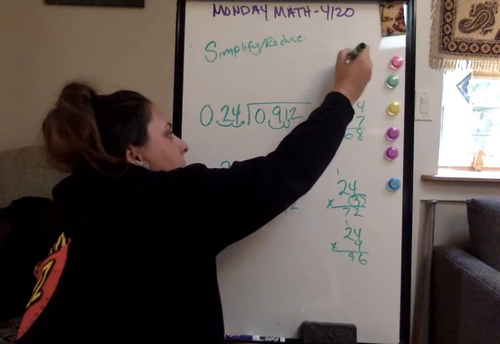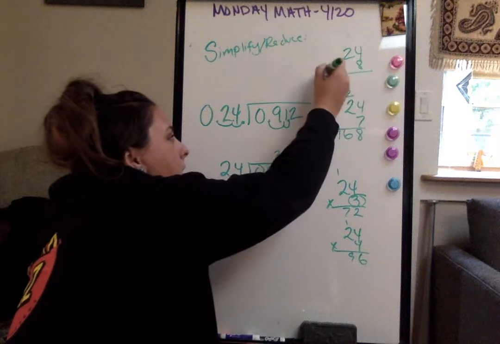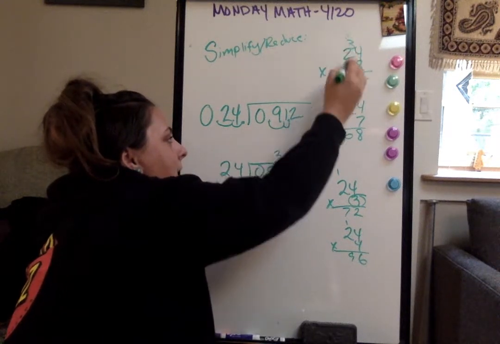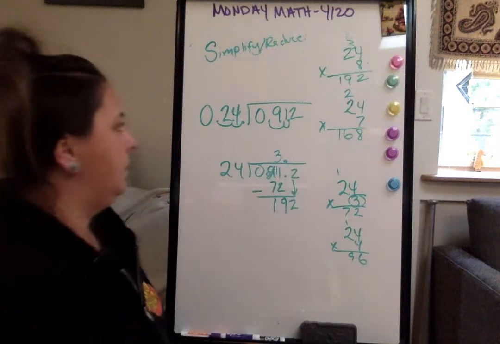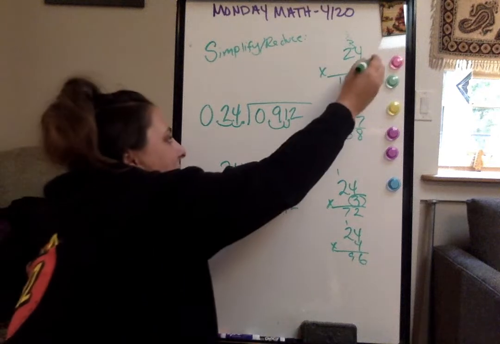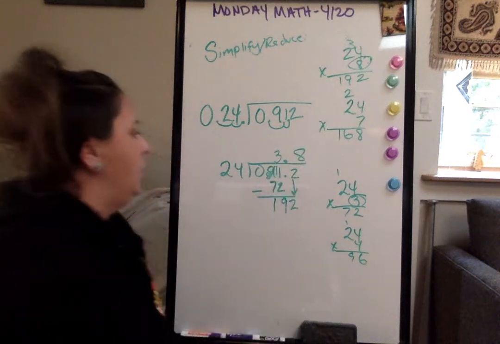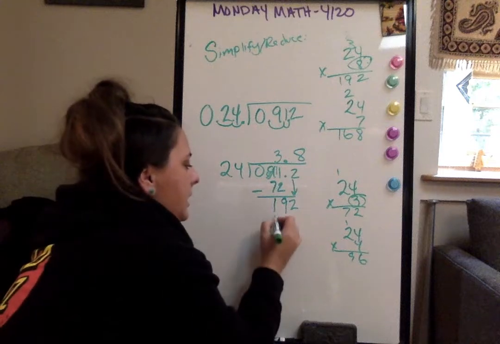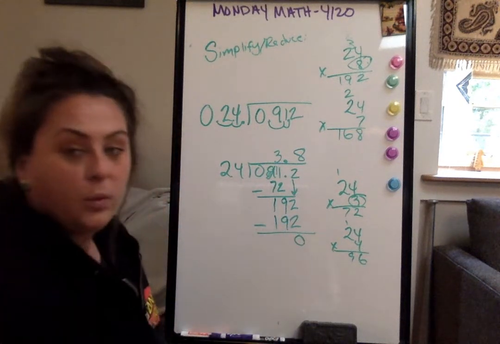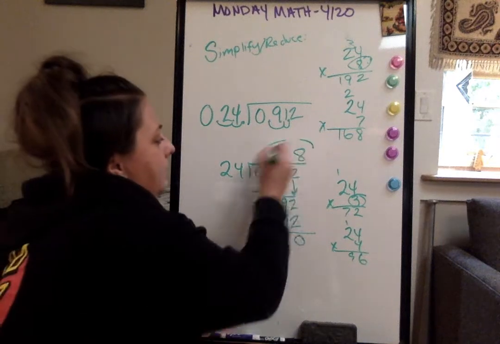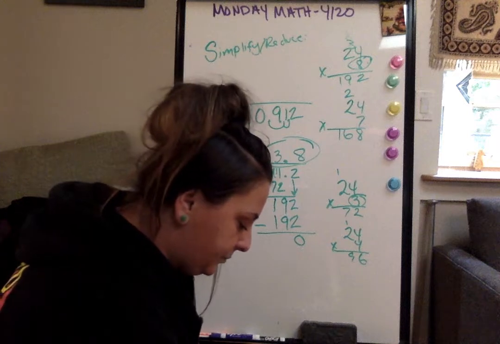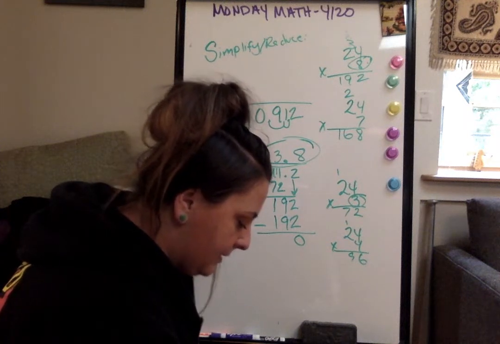Let's try 8, though, just to be sure. 24 times 8 is 192, leaving me with a big old 0, meaning I'm done. So you'll enter 3.8 into the short answer space.